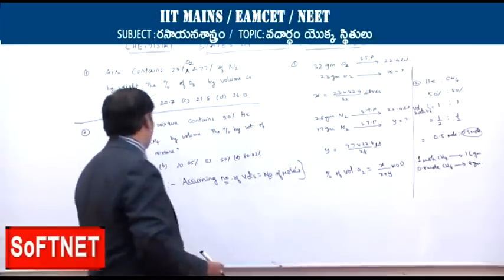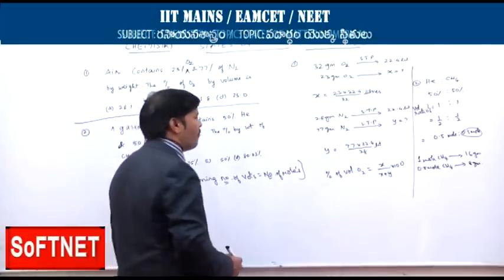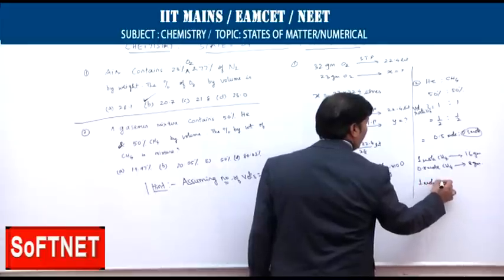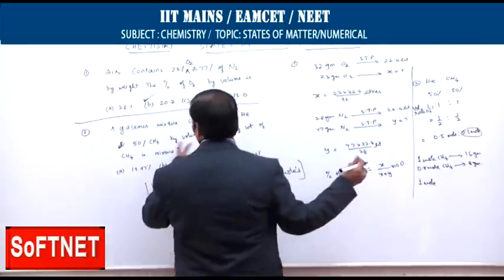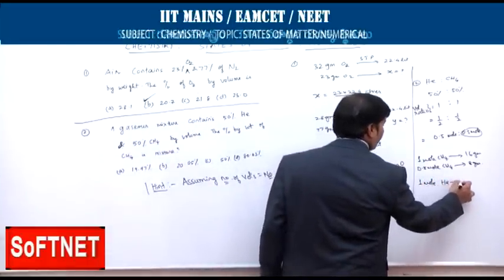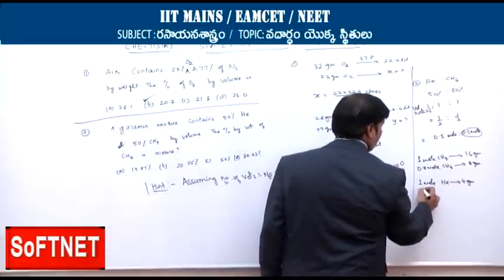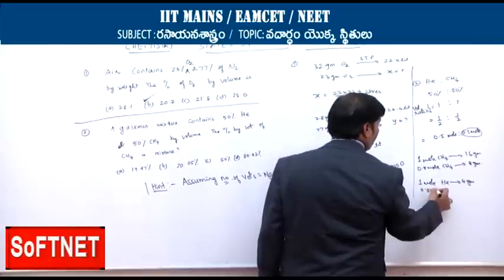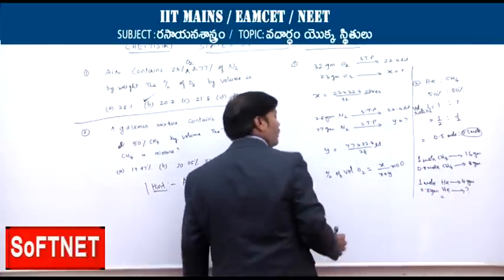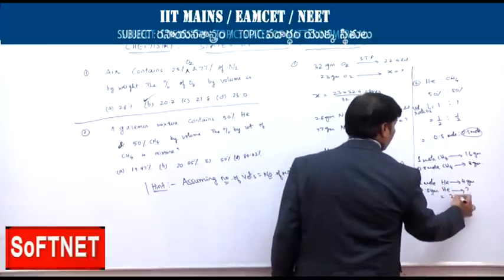Similarly, the next gas is helium. 1 mole of helium contains 4 grams. So 0.5 mole of helium contains how much? This is 0.5 into 4, which is 2 grams.